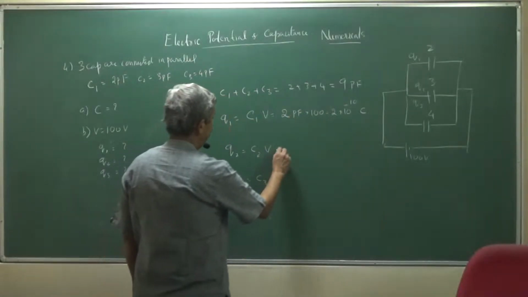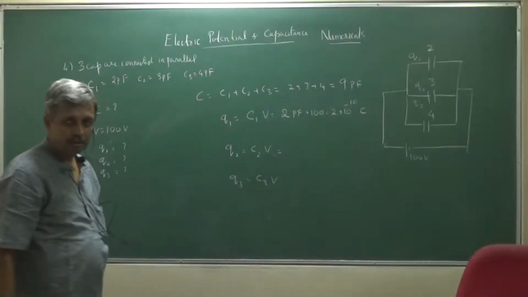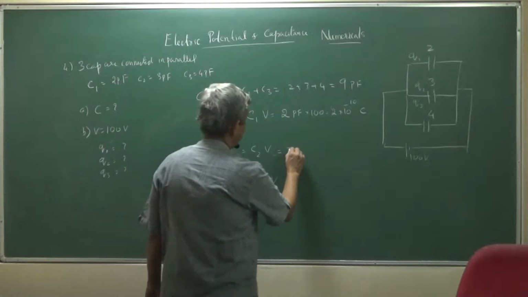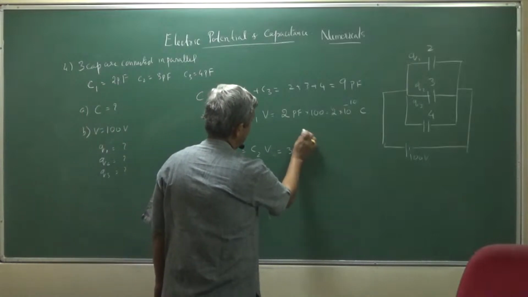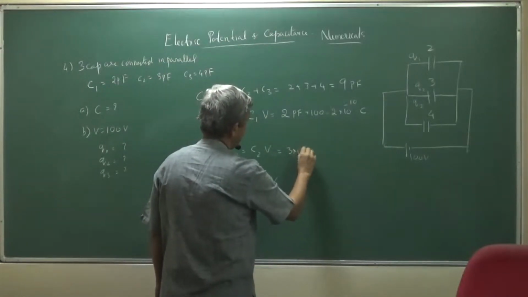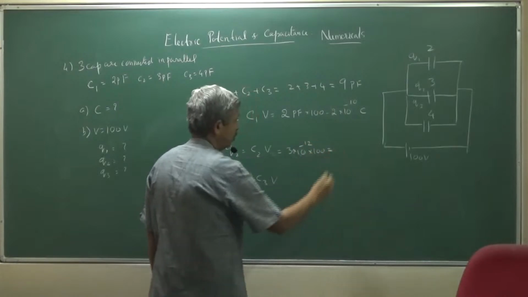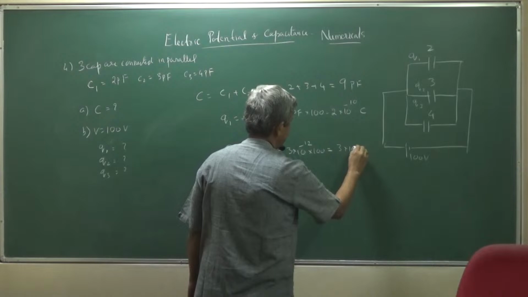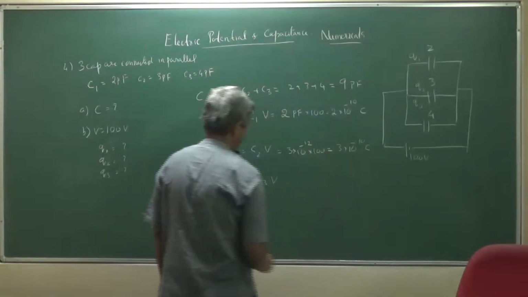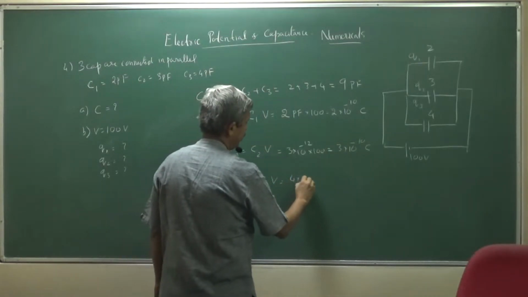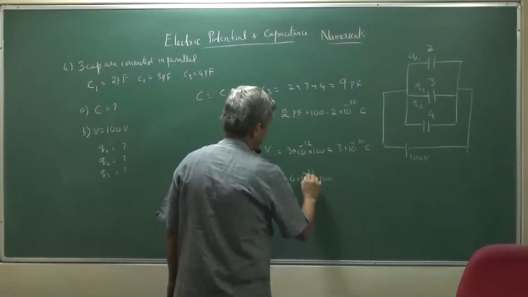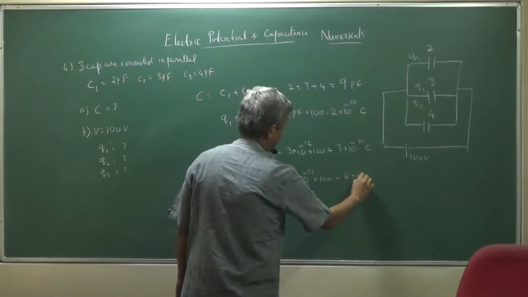Similarly, here you can write 3 picofarad, which is 3 into 10 power minus 12, into 100, which is equal to 3 into 10 power minus 10 coulombs. This one is 4 into 10 power minus 12 times 100, which is 4 into 10 power minus 10 coulombs.